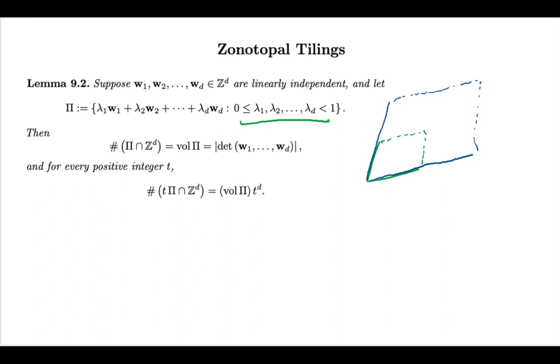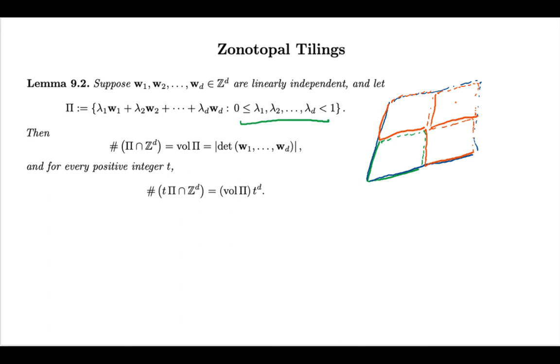And I can now tile actually using translates of my original parallelepiped. And so everything matches exactly because my parallelepiped is half open.